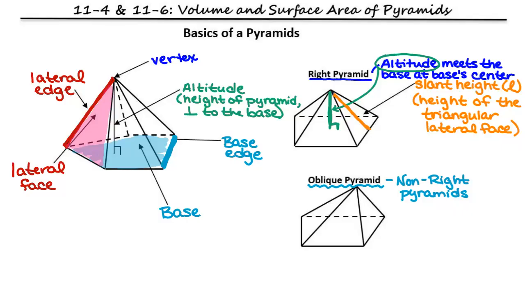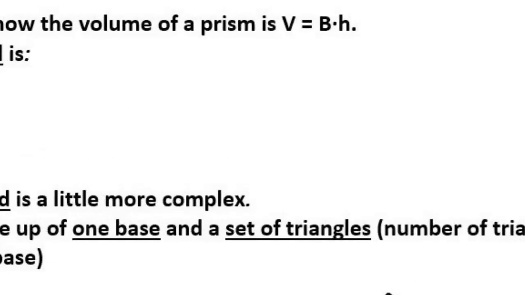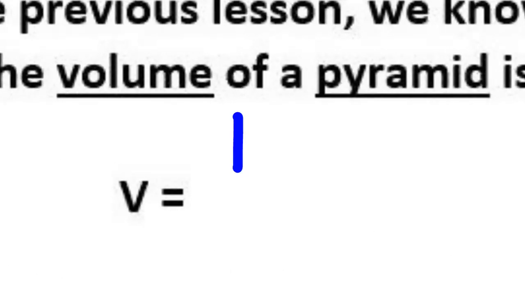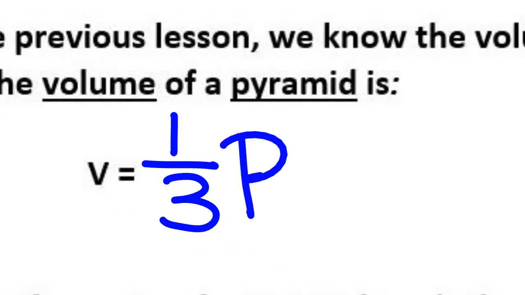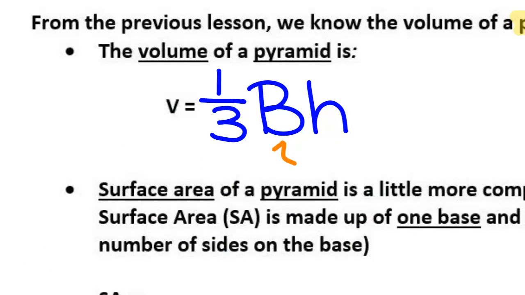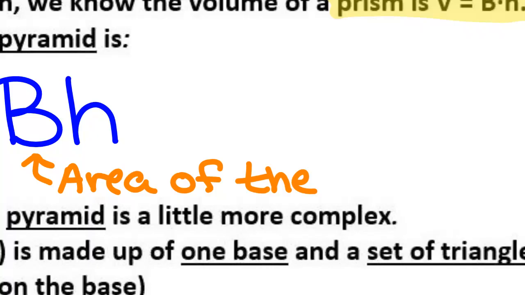So looking at some formulas now. We know that to find the volume of a prism, that is area of the base times the height. The volume formula for a pyramid is related to that. It is 1/3 area of the base times the height. Again, the capital B is area of the base.